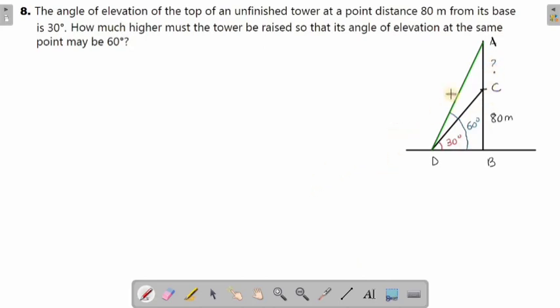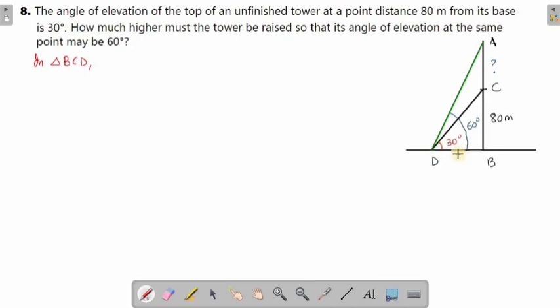For that, first let's make use of triangle BCD. The explaining part you will write by yourself now. So in triangle BCD, BC is given as 80 meters. I'll find BD, because BD remains the same, since the angle of elevation is measured from point D only.